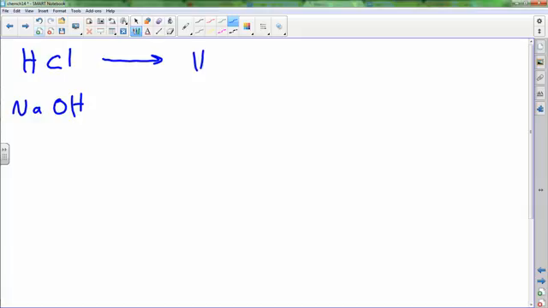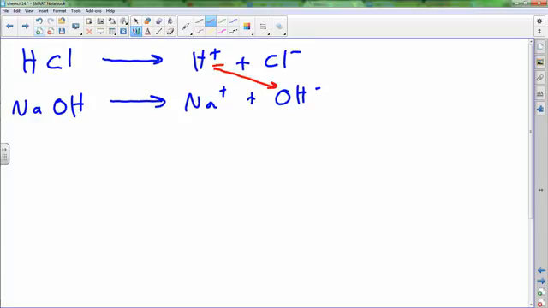We get out the H plus ions and the Cl minus ions. Likewise, sodium hydroxide is a strong base. It's going to completely dissociate. We get out sodium ions and hydroxide ions. These two things really like to find each other and form water.